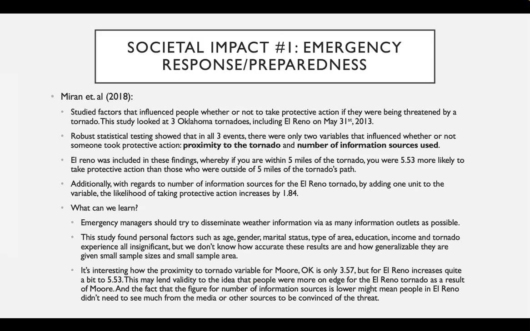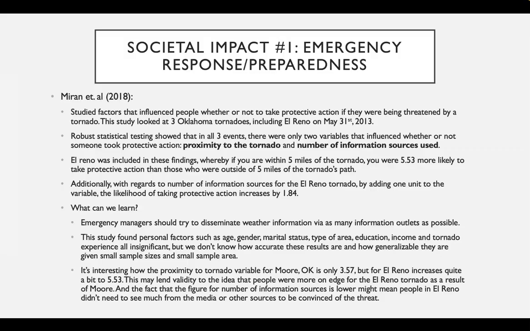Well, I theorize that it's because people are more on edge, right? That's been the theory here, that anxiety is higher with the El Reno tornado because of the recent experience of Moore. The Moore hadn't happened yet, so when Moore did occur, taking protective action based on the proximity to the tornado was only 3.57.